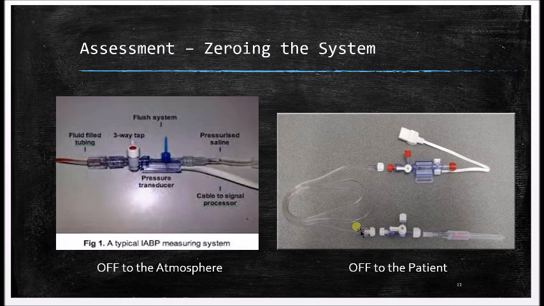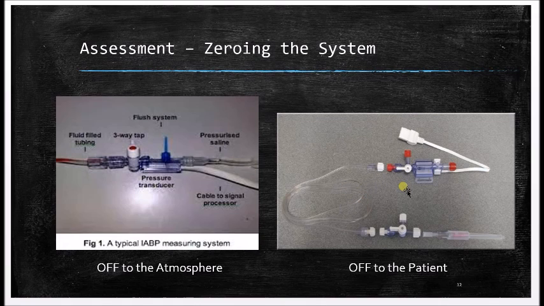This is the line that would come up from the patient, and this part here is closed to the patient. So it's open to the atmosphere and open to the system. This is what you will do when you zero. When you zero, you close it to the patient because you want to tell the system, hey, ignore the atmosphere. Once the system ignores the atmosphere, the only pressure that the system will have to look at is the patient's pressure. So that's how it works.